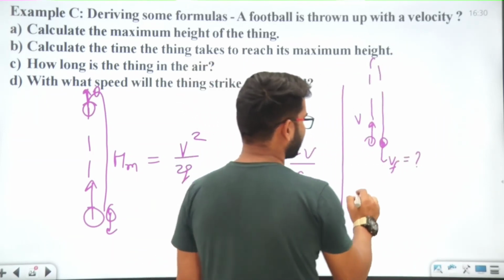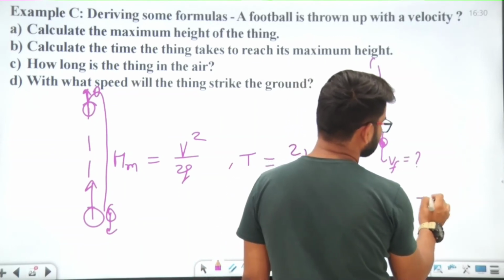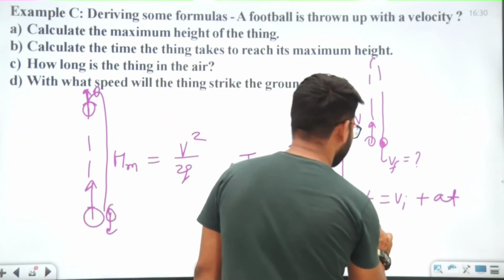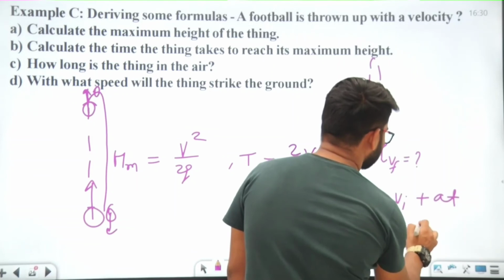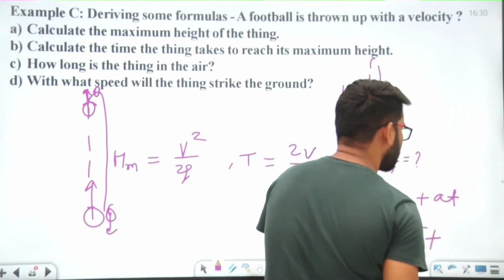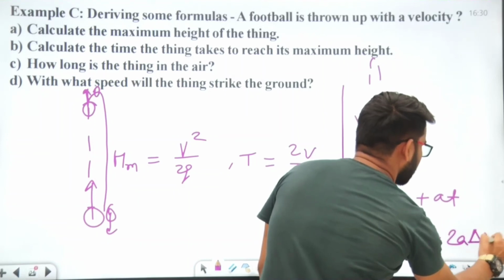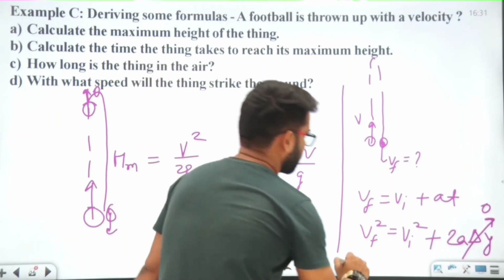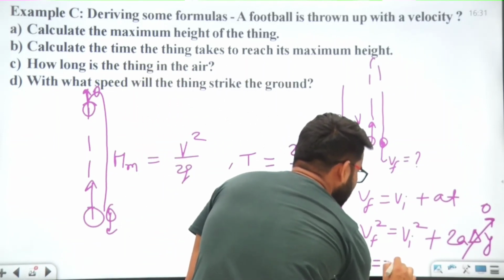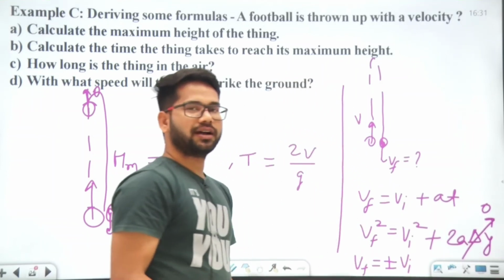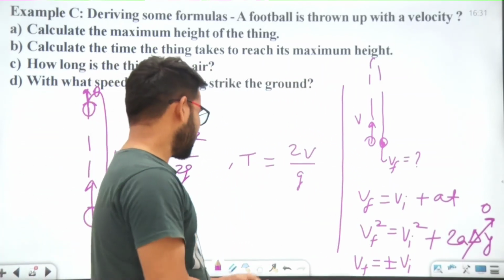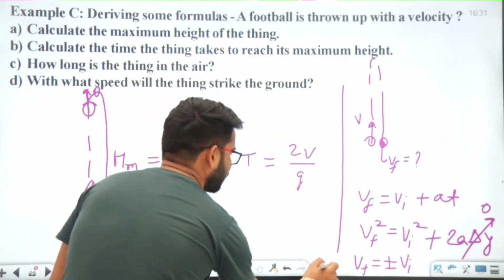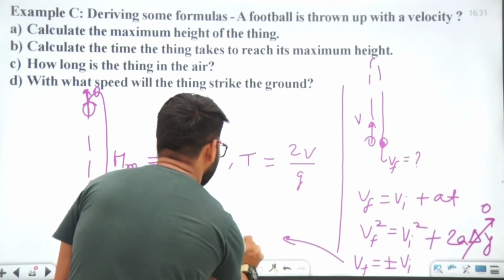So here Vf we can write as Vi plus a t, or we can also apply Vf square equals Vi square plus 2a delta y, and we have delta y 0 when it is coming back to collide. So Vf will be plus or minus Vi. When it collides with the ground, its velocity will be downward. So from here you can see the final velocity will be in the downward direction, minus Vi.